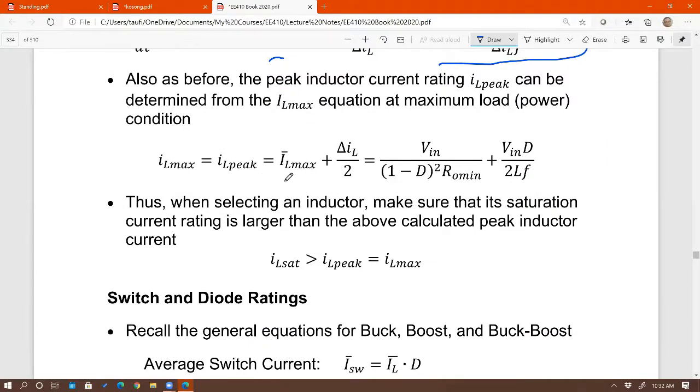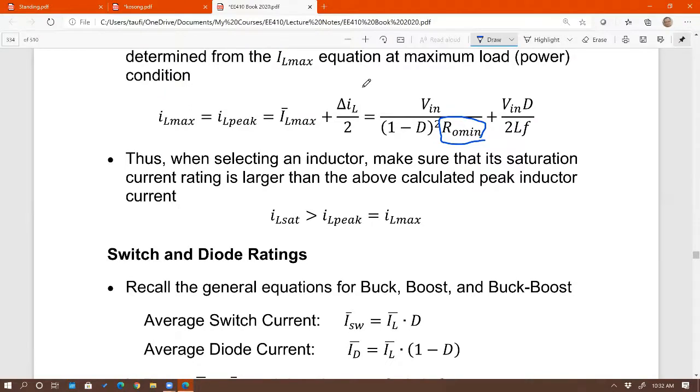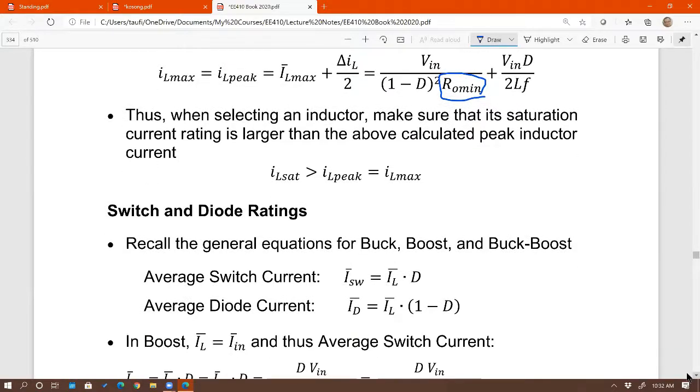For the worst case scenario, you want IL max, the average value at maximum condition, which is at full load, plus delta IL over 2, and you get R out min. Some of you already mentioned in the questions that it has to be R out min for IL max. Because again, IL max relates to I out max, and I out max occurs when R out is equal to R out min, minimum resistance.